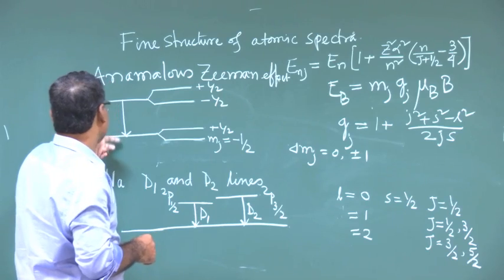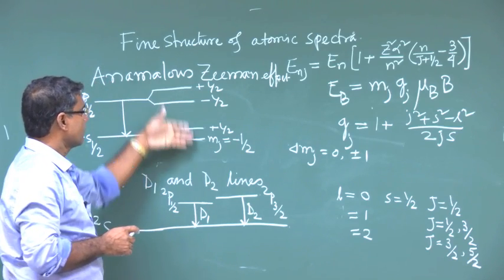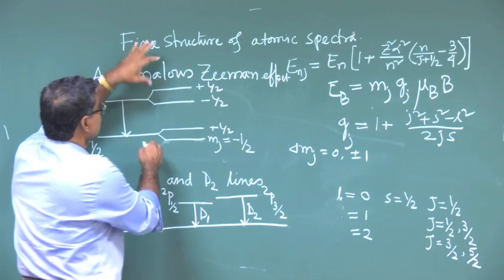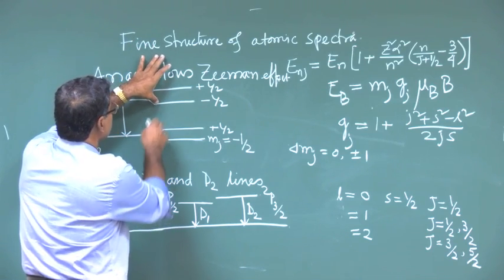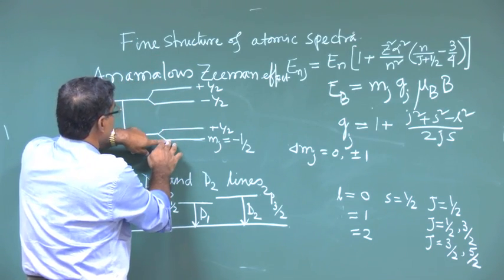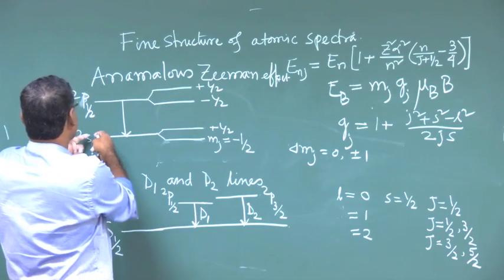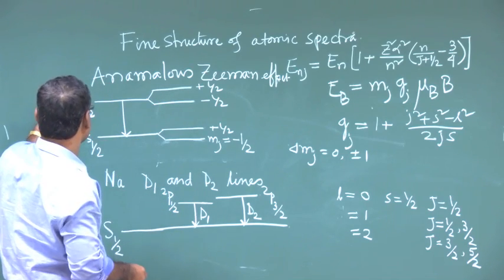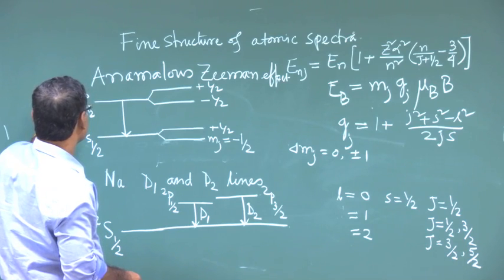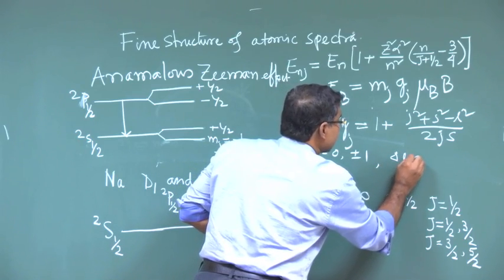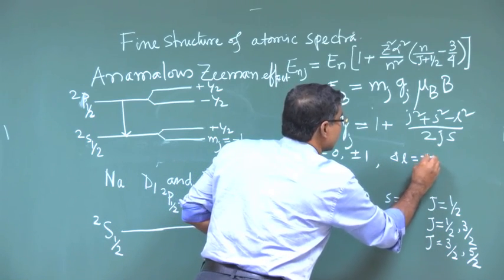Delta j we have already considered; now we have to consider the mj value. Also delta L equal to plus minus 1.